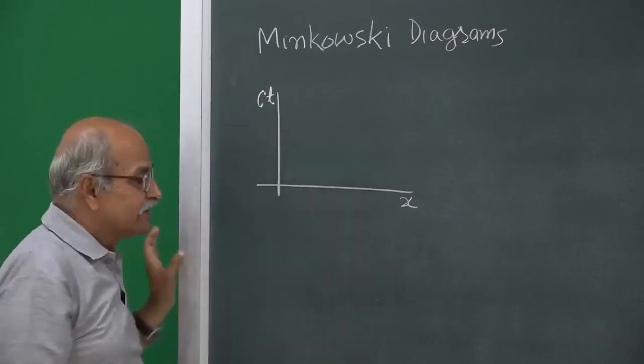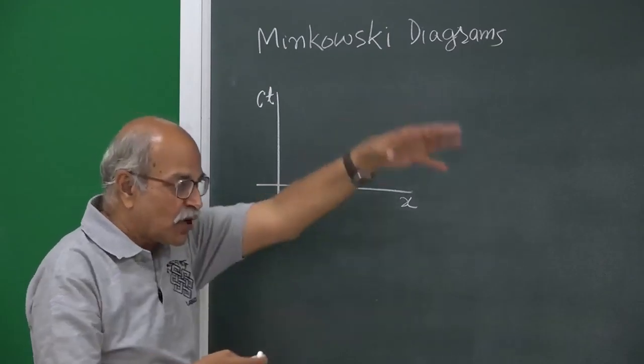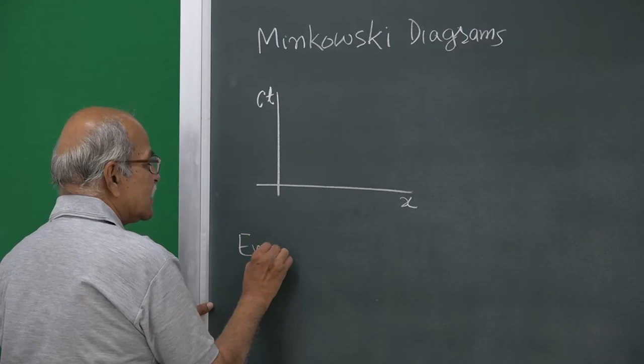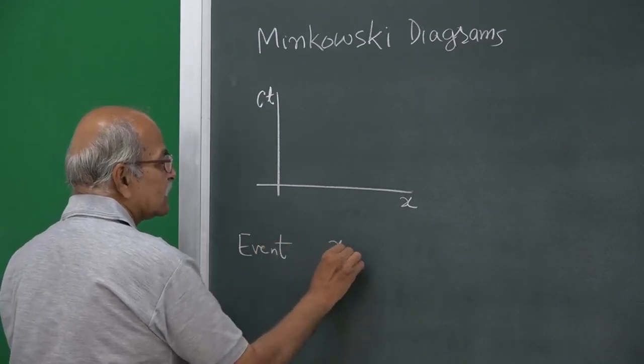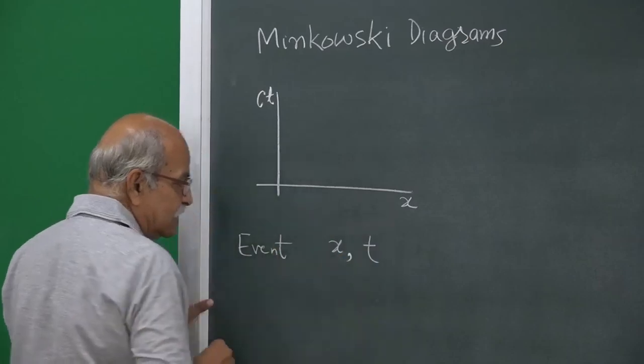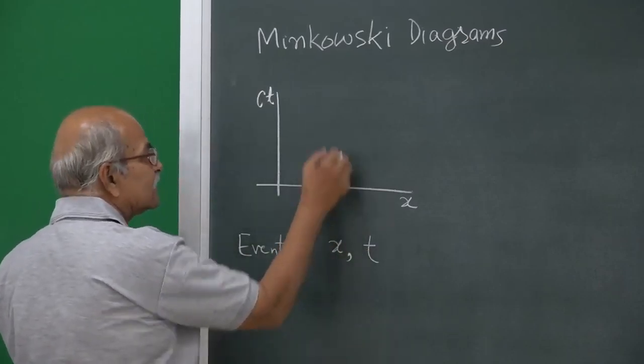Of an event. So, in space some event has occurred, as we have talked in the whole course. Some event has occurred, and the event has a location which is x, and the event occurred at a time instant which is t. So, this x and then this Ct.